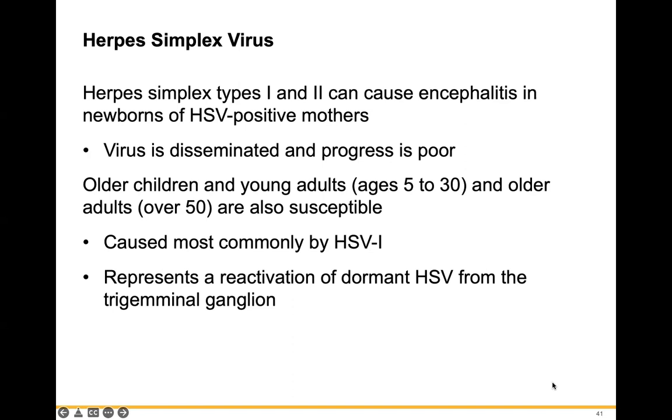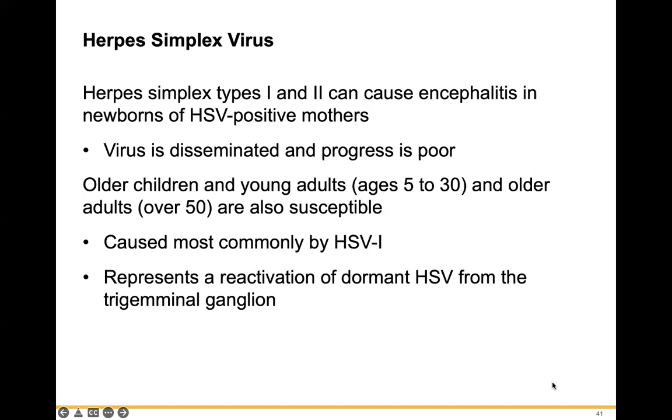Both herpes simplex viruses, type 1 and type 2, can cause encephalitis in newborns of an HSV positive mother. So if the mother is HSV positive, especially with HSV2, it's very important that they know that and that they can address it with some preventative measures. The virus is disseminated and prognosis is oftentimes poor.